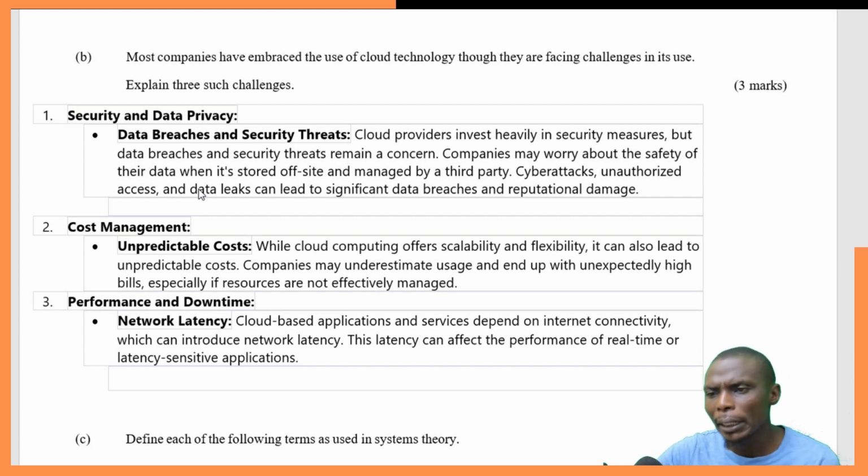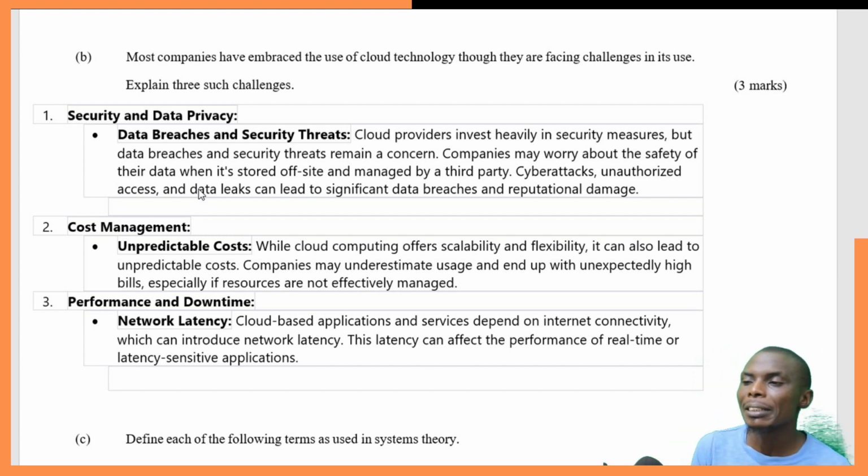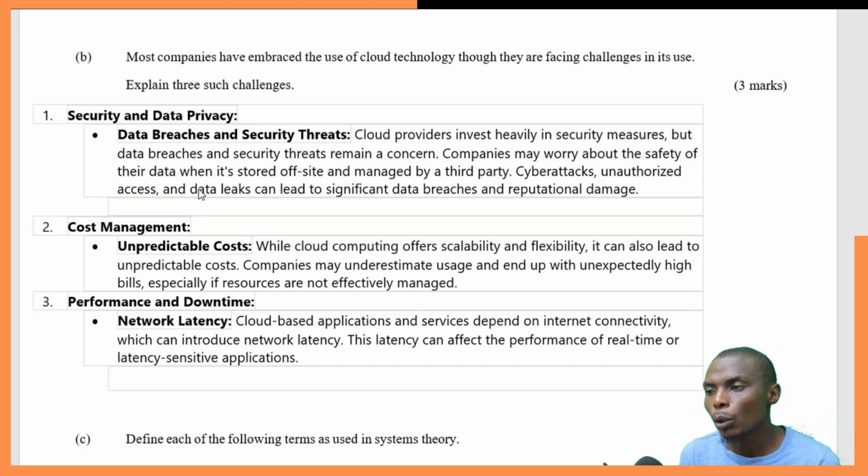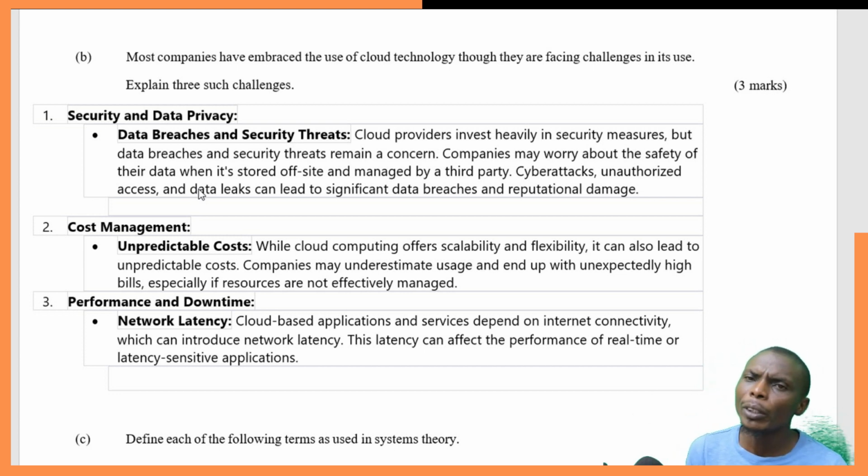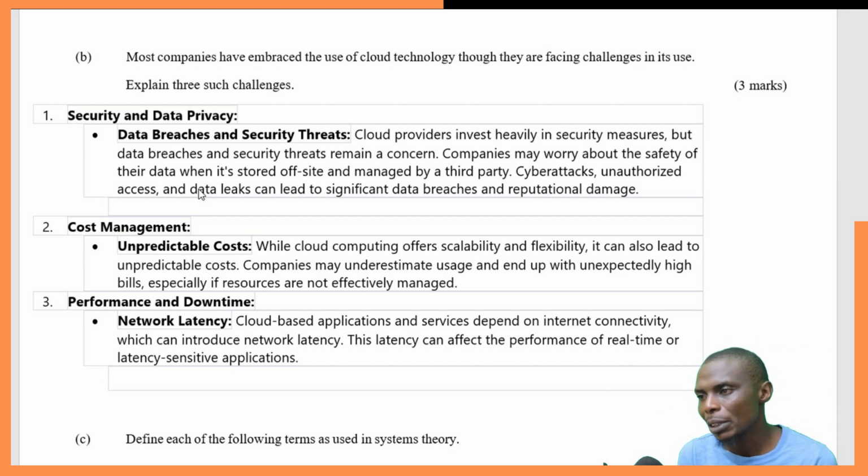Then we have cost management and predictable cost. Cloud computing generally offers a very scalable and flexible cost, depending on the need or the expansion of the businesses or companies that are provided with these services. This can lead to unpredictable costs. Companies may underestimate usage and end up with unexpectedly high bills, especially if resources are not effectively managed.